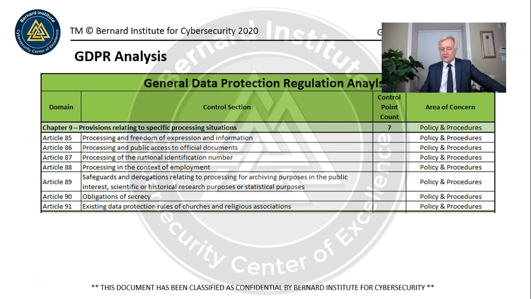Obligation of secrecy, policy and procedures, and existing data protection rules of churches and religious associations. So we need to have policies on how we handle that type of information, and procedures on how we handle it, and a policy on what the decision-based process is, who's involved in the decision for the organization.